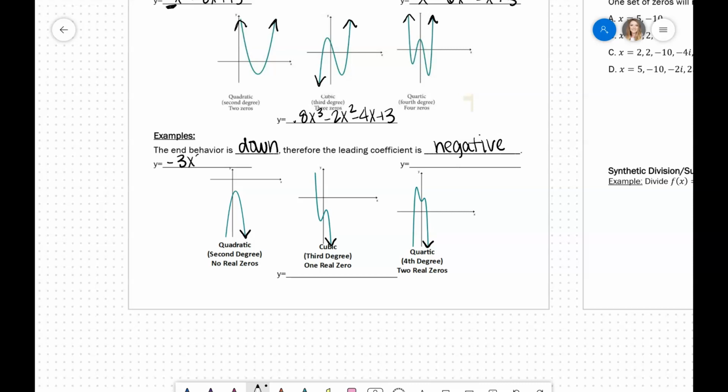Now the leading coefficient would be a negative. So a negative 3x squared. With this one, negative 4x cubed plus 4x minus 5. Last one, negative 5x to the 4th minus 3x cubed plus 6x squared plus 3.